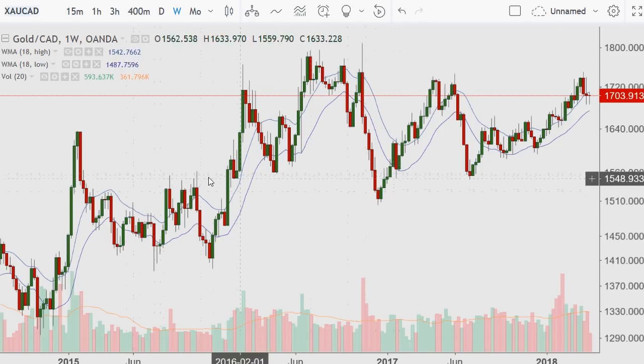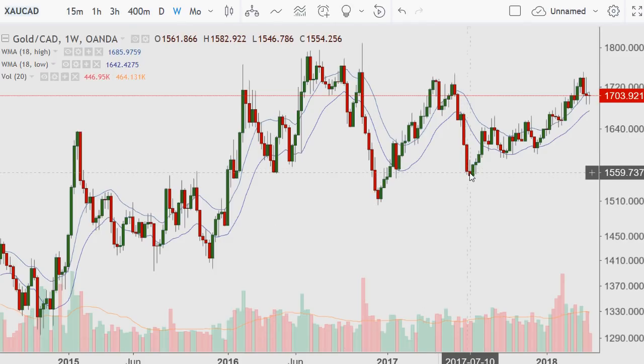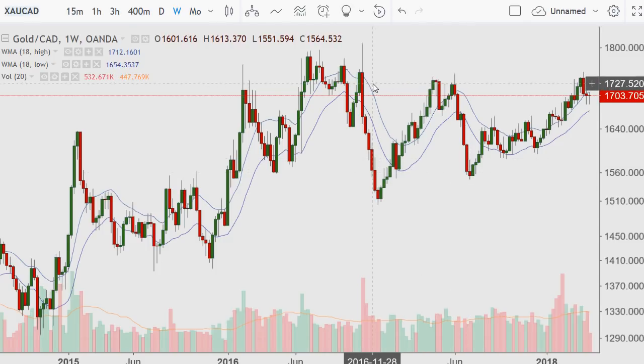With price action having the resistance in 2015 at about 1550, finding it as support in April of 2016 and around December of 2016, and again in July of last year. And it's been having resistance at about the 1740 mark.